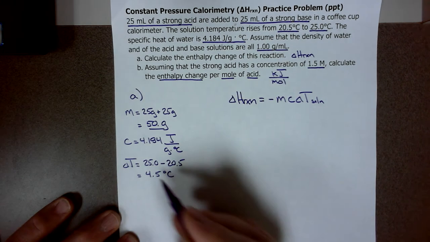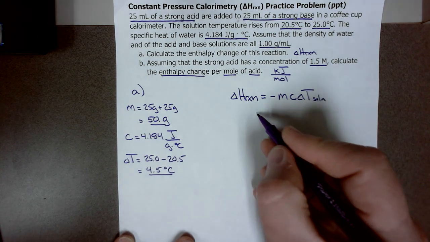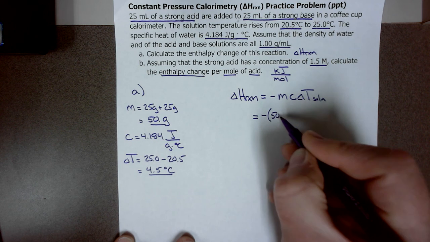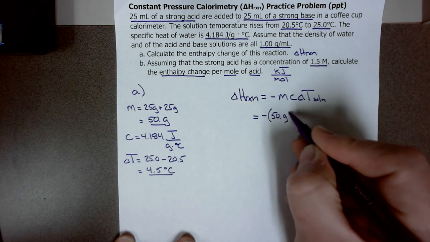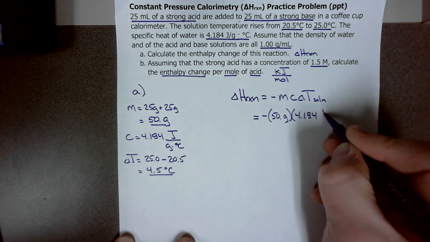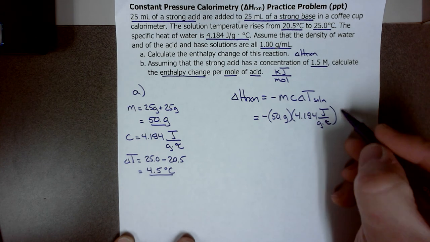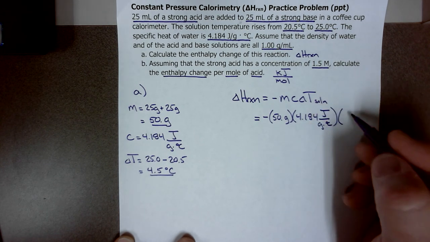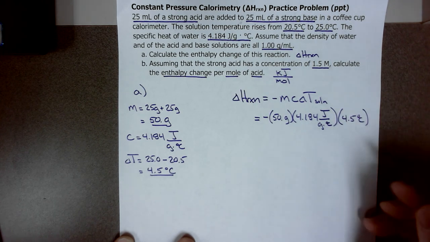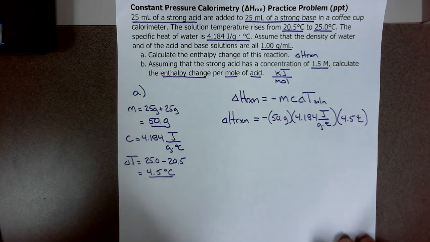So I'm going to substitute up here: a negative 50 grams times the specific heat of 4.184 joules per gram degree Celsius times 4.5 degrees Celsius. That's the enthalpy of the reaction, or the heat involved in the reaction.